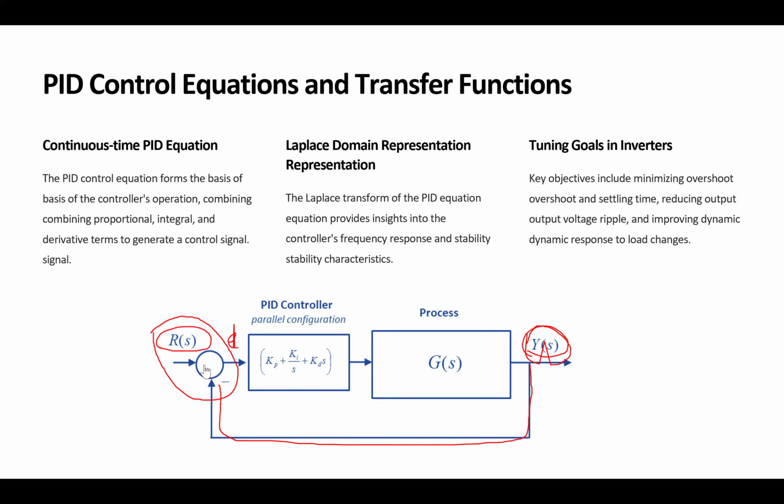Then you go to the PID controller, using a proportional term, integral term, or differential term to calculate the correction value that you want to add to your system, and then it creates a new output.